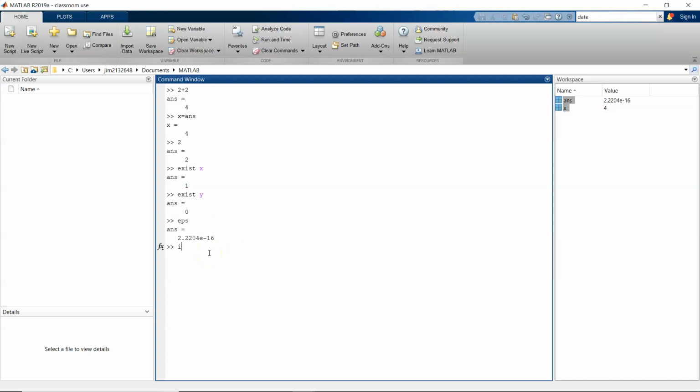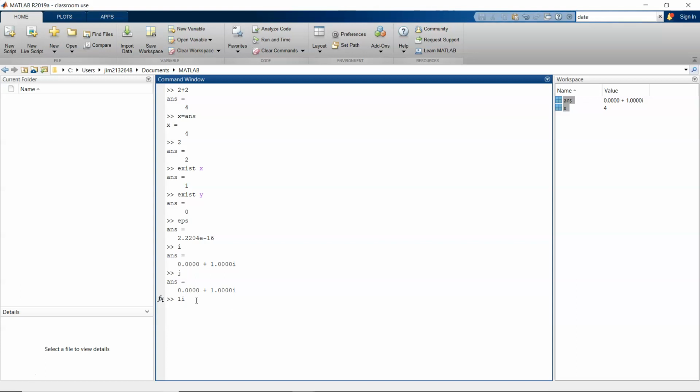Complex constants, I, that's the square root of -1. J, also the square root of -1. Because I is a symbol used for current, electrical engineers use J for the complex constant. Here's something else MATLAB is doing. You're not supposed to have a name that starts with a digit.